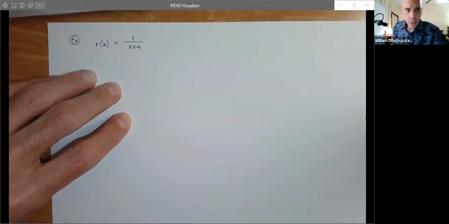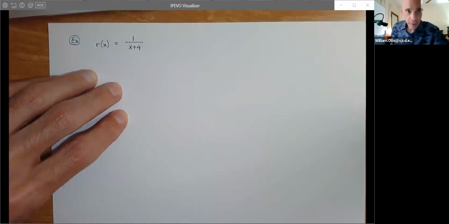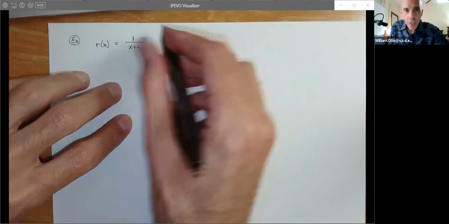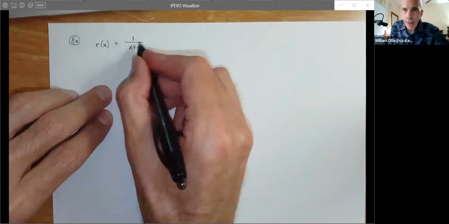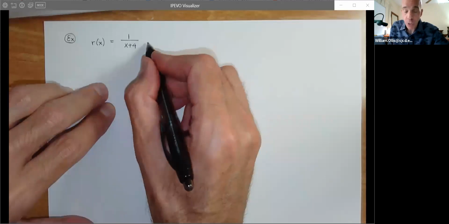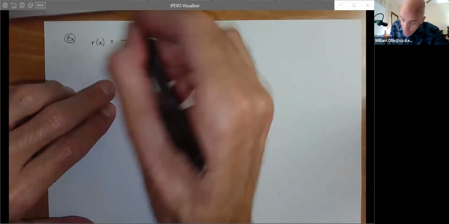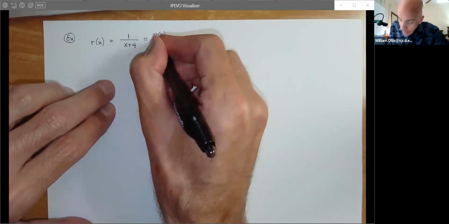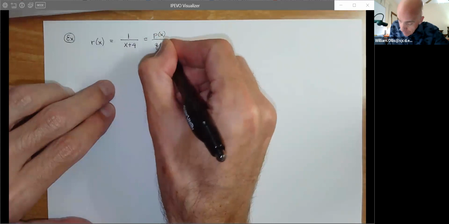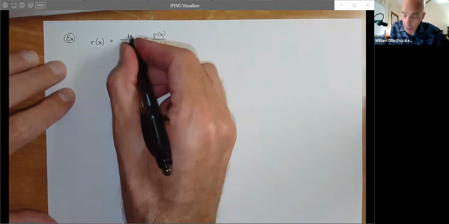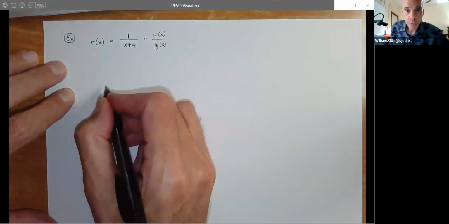Now, when we look at this, we say, okay, this is a very simple rational function. We can think in this case that we have P of X divided by Q of X. And so P of X is 1 and Q of X is X plus 4.